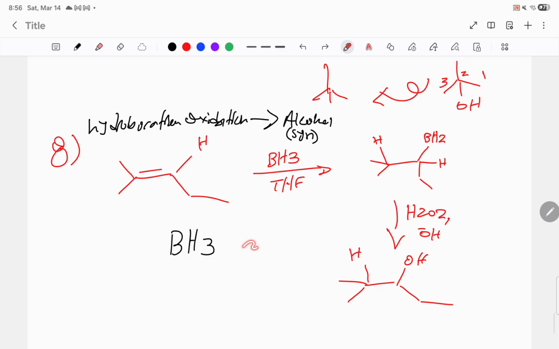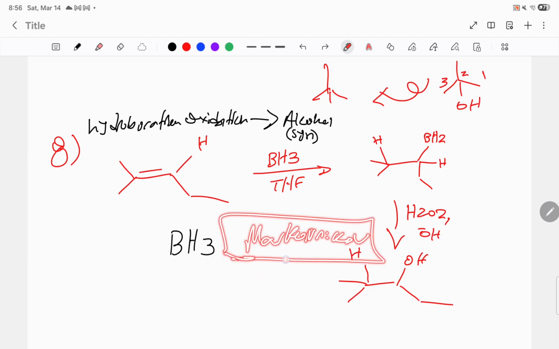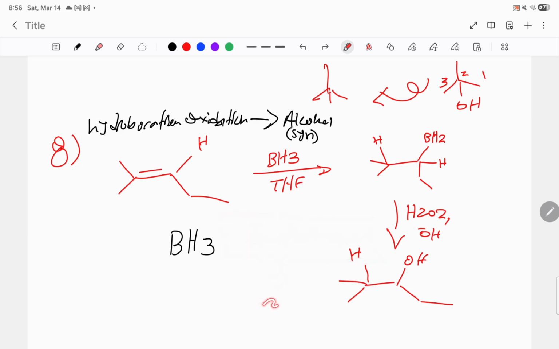This is borane, and borane likes to add to our molecule in an anti-Markovnikov fashion. So if you remember, Markovnikov, I told you, has nothing to do with the formation of a carbocation and whatnot. Markovnikov simply means that our substituent adds to the more substituted carbon. Now, the reason it was doing that was because, in that specific reaction, the mechanism involves a carbocation, and so it is more favorable for adding to that more substituted position, or there were some electronic reasons.